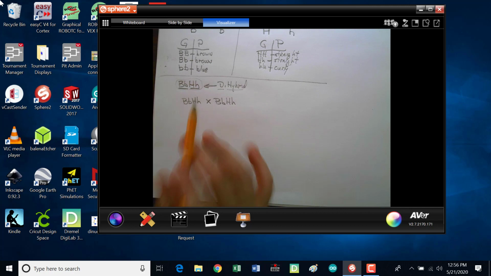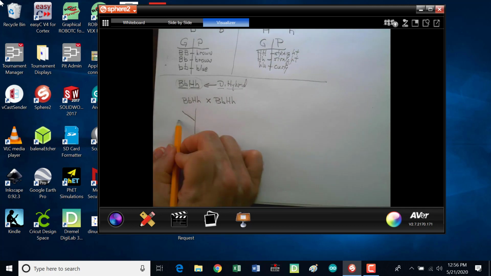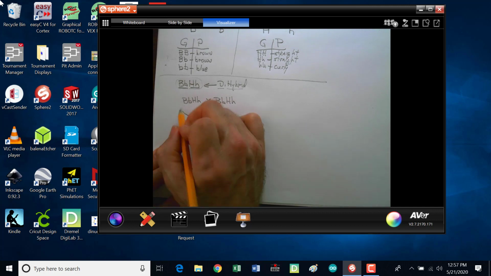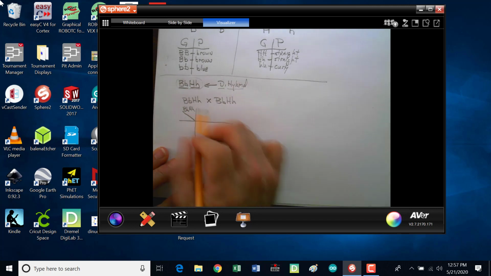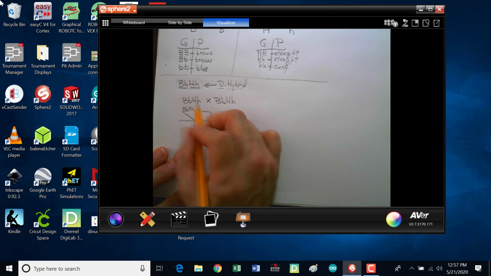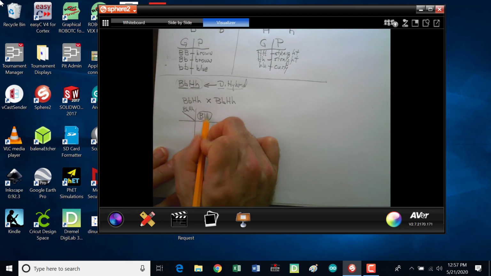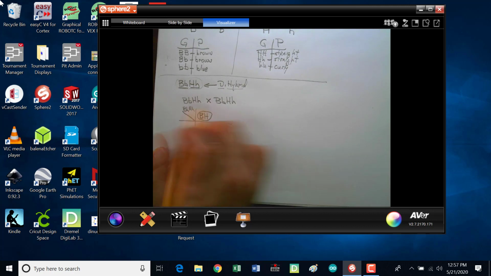So what this means is, when we're doing our Punnett square, which basically illustrates meiosis and fertilization, this organism, big B, little b, big H, little h, could produce a gamete that has one of these, let's say it's big B in this example, and one of these, say it's big H. This is one of the four kinds of gametes this organism could produce, because one from this homologous pair and one from this homologous pair.